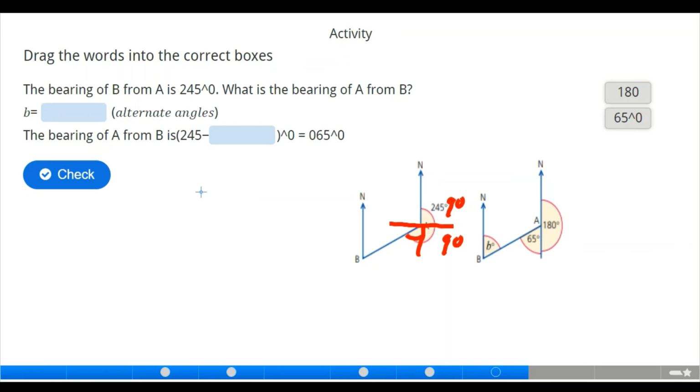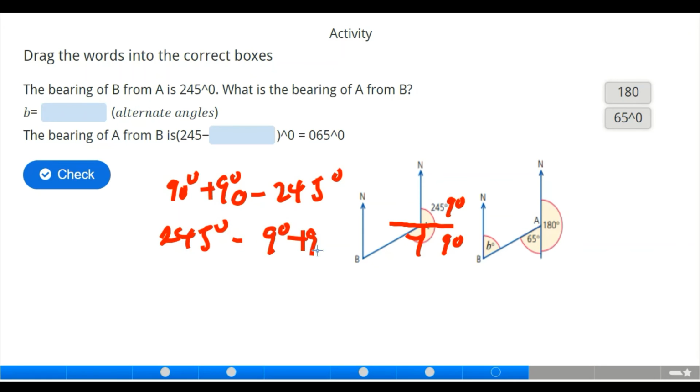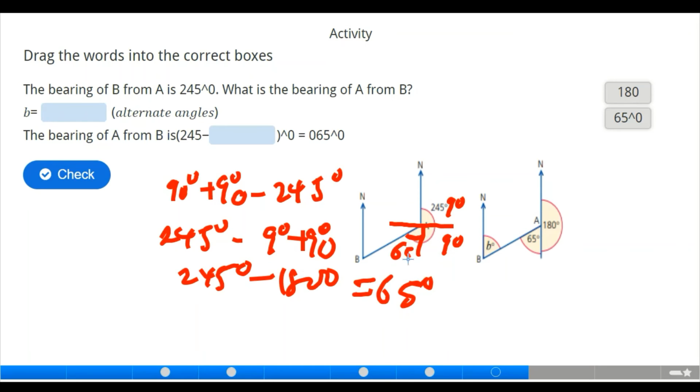245 degrees? So that implies that we are going to have 90 degrees plus 90 degrees, which is 180 degrees. Since 245 degrees is bigger than 180 degrees, we take 245 degrees minus 180 degrees. What is that? 65 degrees. So this aspect here is going to give us 65 degrees, and by the time you add all of this together, we are going to have 245 degrees.